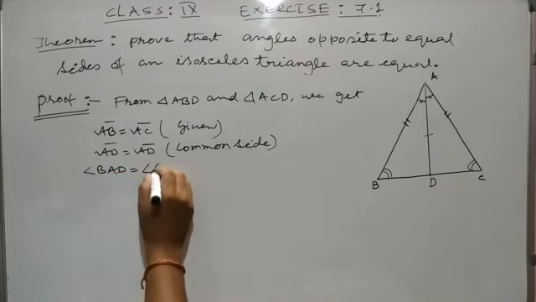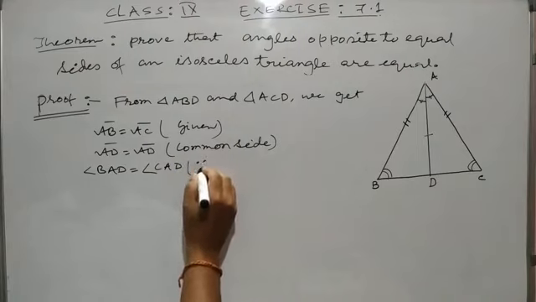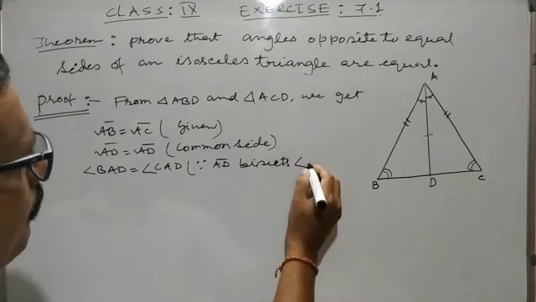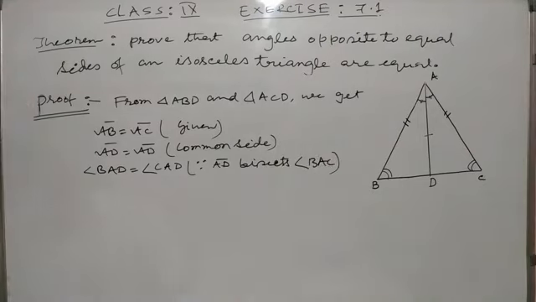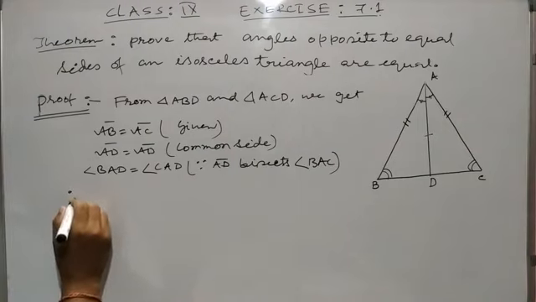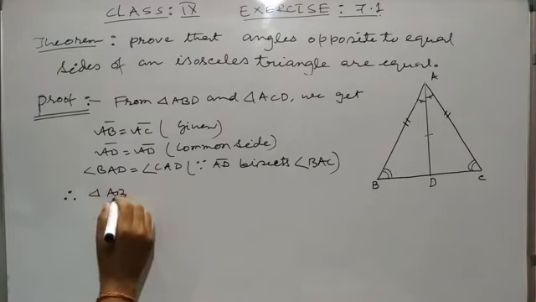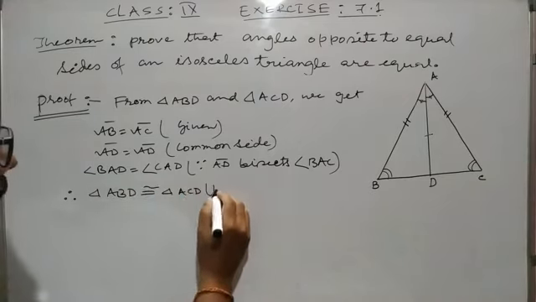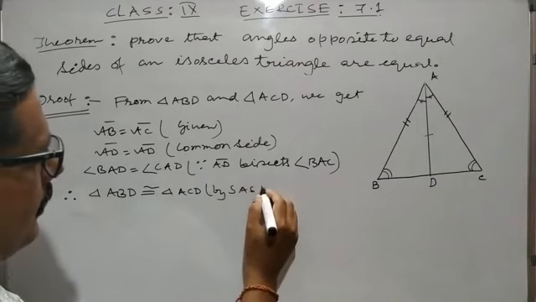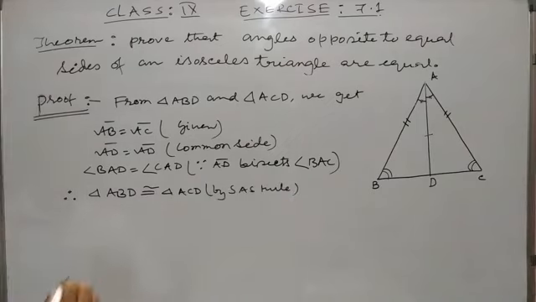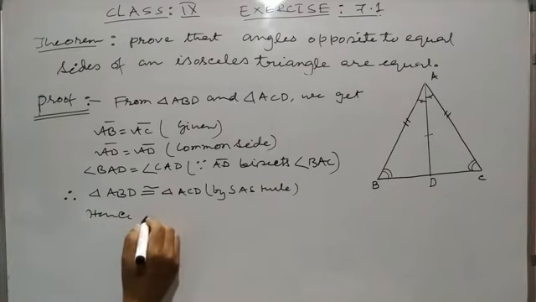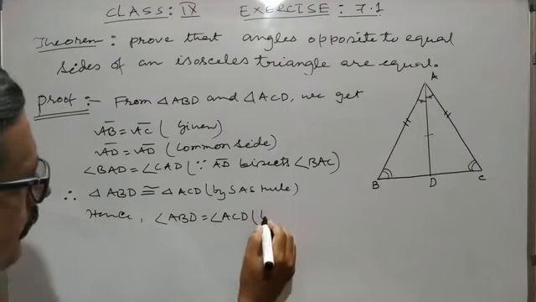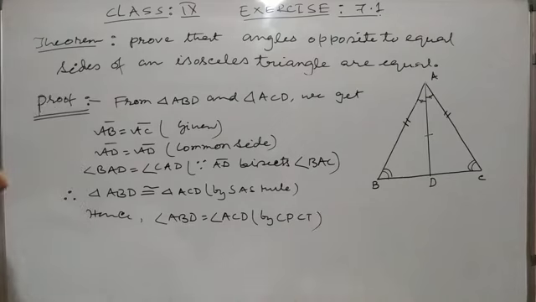angle BAD equal to angle CAD, since AD bisect angle BAC, that is angle A. Therefore triangle ABD congruent to triangle ACD by SAS rule, and hence angle ABD equal to angle ACD by CPCT.